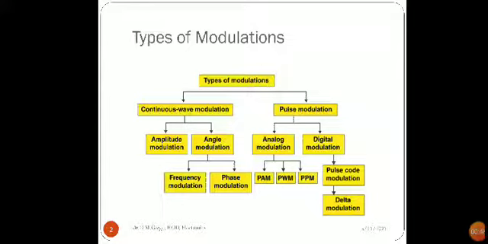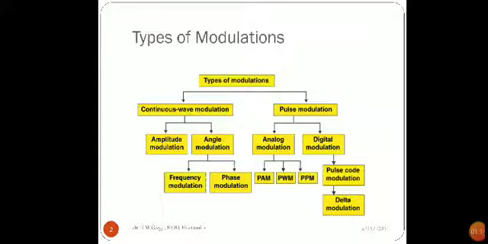So pulse modulation is in turn divided into two categories. One is analog modulation and the other is digital modulation. This analog modulation is a bit different from the analog modulation of continuous wave modulation. The basic difference between continuous wave modulation and pulse modulation is that here the carrier signal is not a continuous wave signal, but it is a pulse.